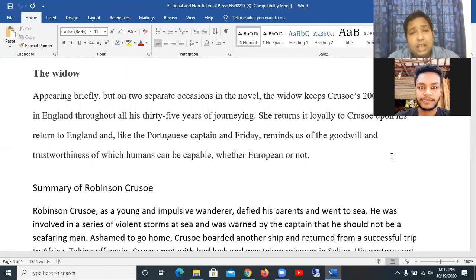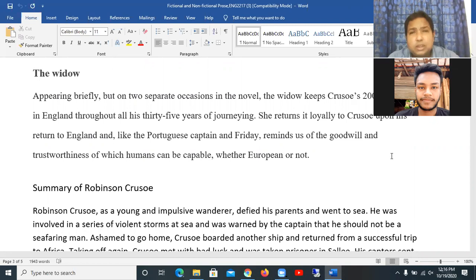Appearing briefly on two separate occasions in the novel, the widow keeps Crusoe's £200 safe in England throughout all his 35 years of journeying. So Crusoe kept some money with the widow, and after 35 years he met with the widow and the widow returned the money.